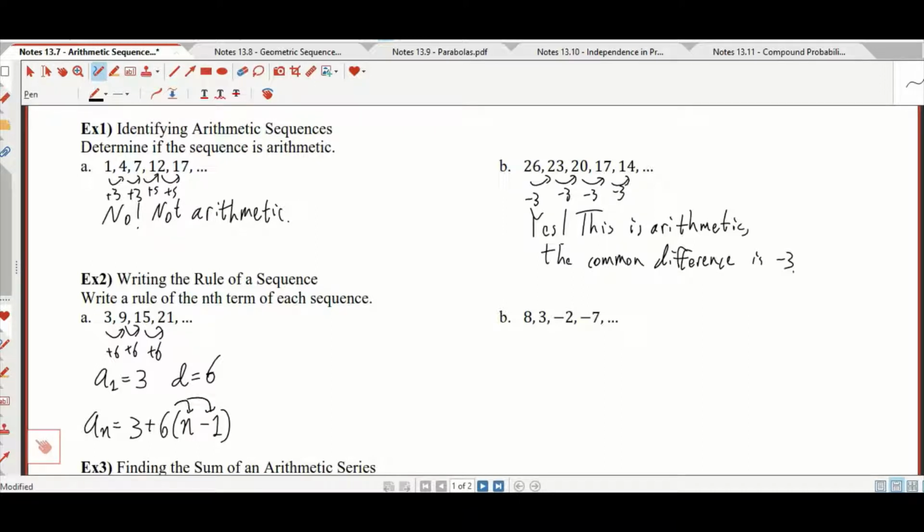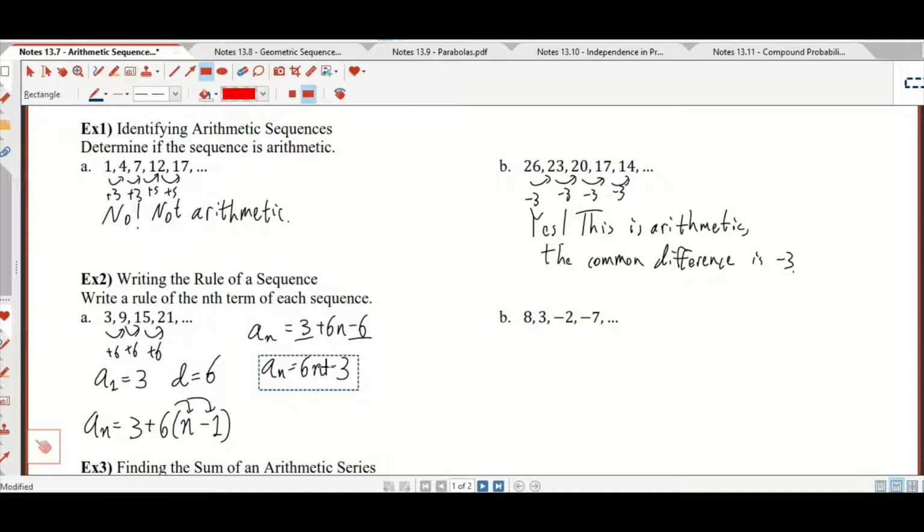Distribute that in there, and you're going to get that the nth term is equal to 3 plus 6n minus 6. 3 minus 6 is -3, and we do a little switching around. So a sub n equals 6n minus 3.